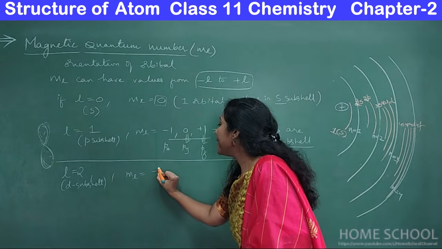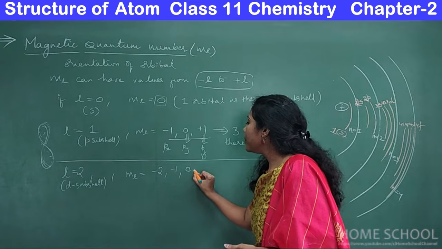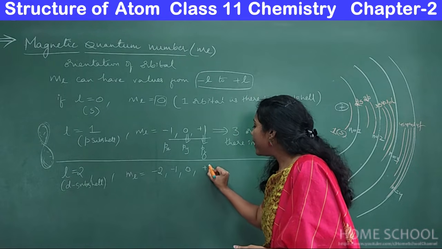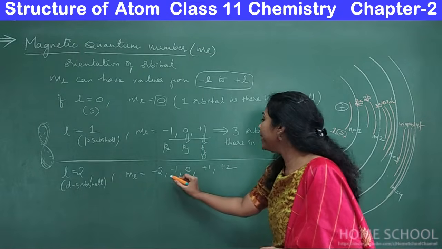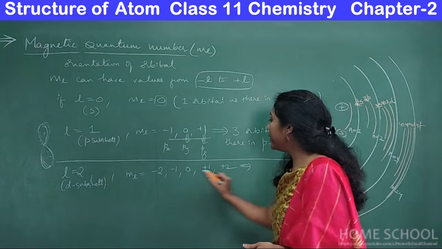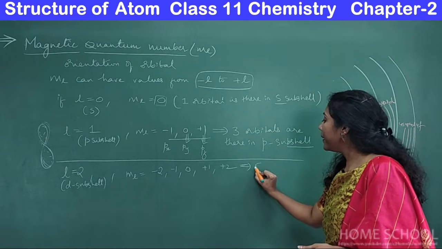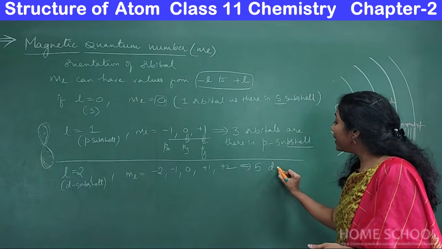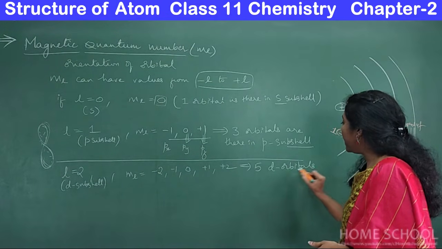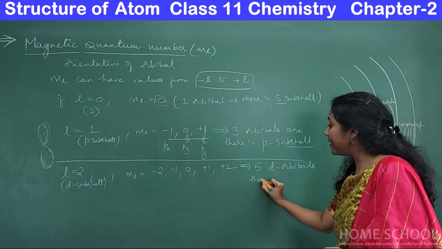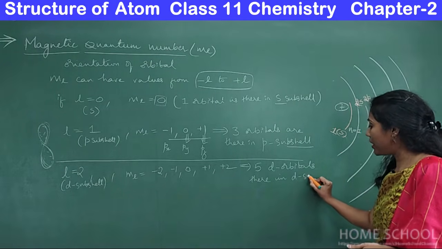That means minus 2 is possible, minus 1 is possible, 0 is possible, plus 1 is possible, and plus 2 is possible. So how many values altogether? 1, 2, 3, 4, 5. That means 5 d orbitals are present in the d subshell.